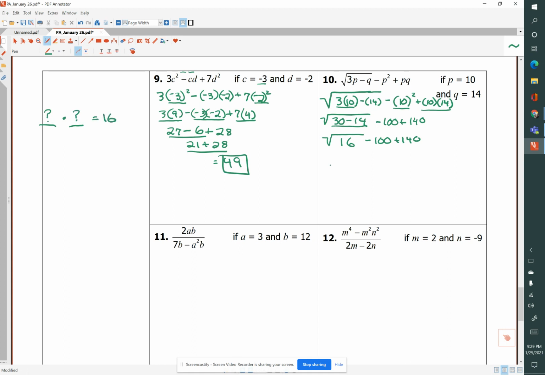The answer to that is 4, because 4 times 4 is 16. So we have 4 minus 100 plus 140. And 4 minus 100 is negative 96, plus 140 equals 44.